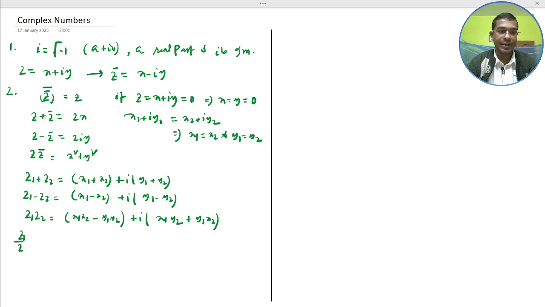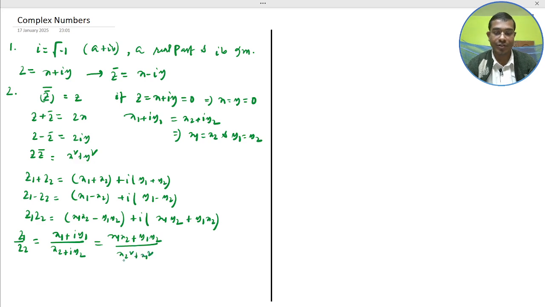And the division z1 by z2 is equal to (x1 + iy1) divided by (x2 + iy2), that is equal to: this is the real part, (x1 x2 + y1 y2) divided by (x2 square + y2 square), plus i into, in the numerator (y1 x2 - x1 y2), in the denominator x2 square + y2 square.